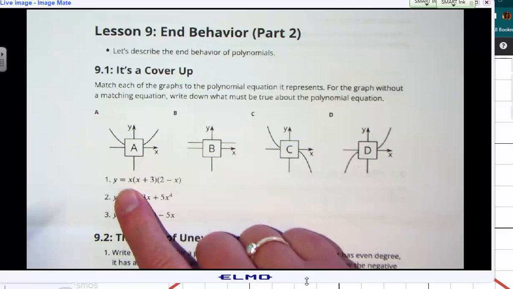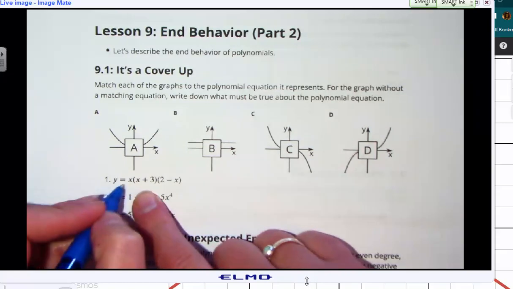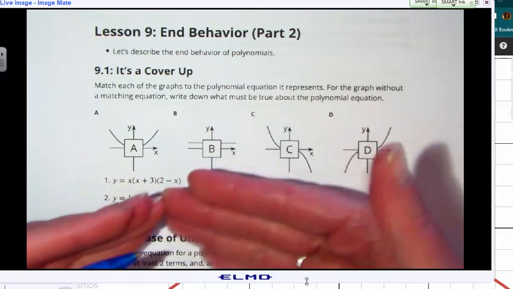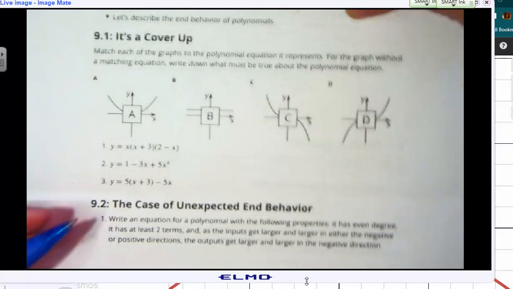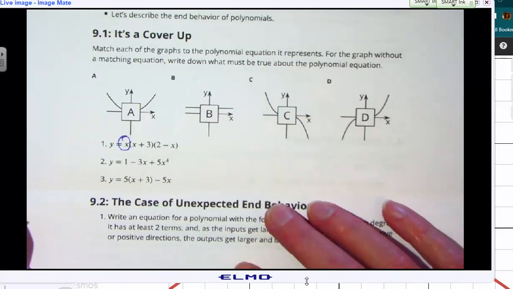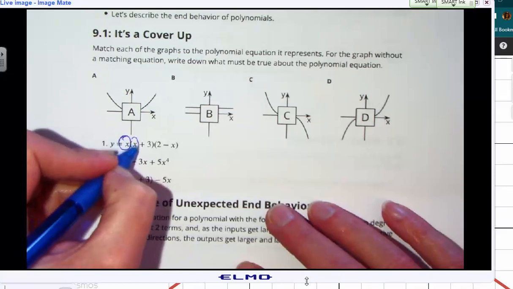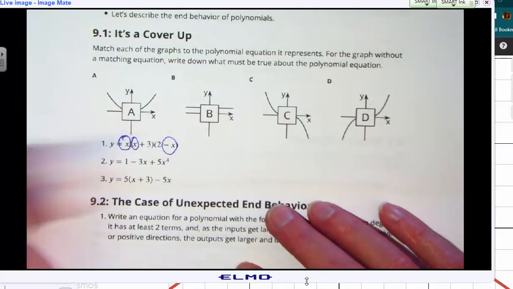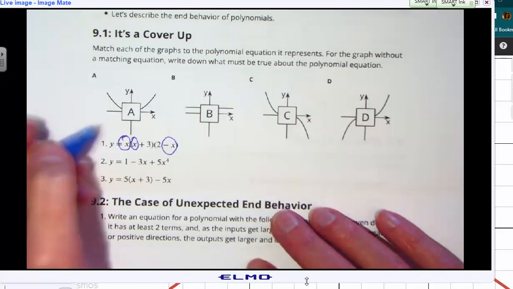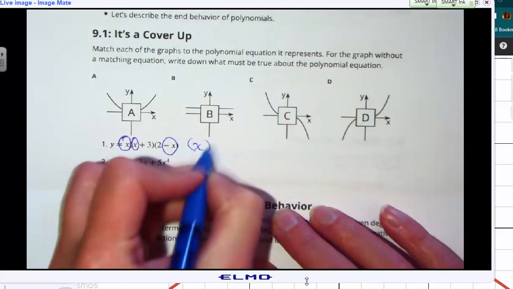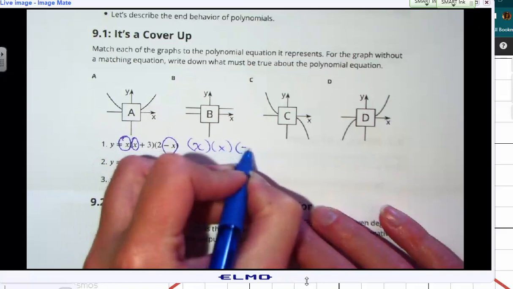So they're asking us to match these things. I'm going to just take a quick look at this. It's in factored form. If I did a bunch of multiplication here, I would be able to get it to standard form, but I see I have an x that'll multiply an x that will multiply a negative x. Somewhere in all this multiplication, I'll have an x times an x times a negative x.